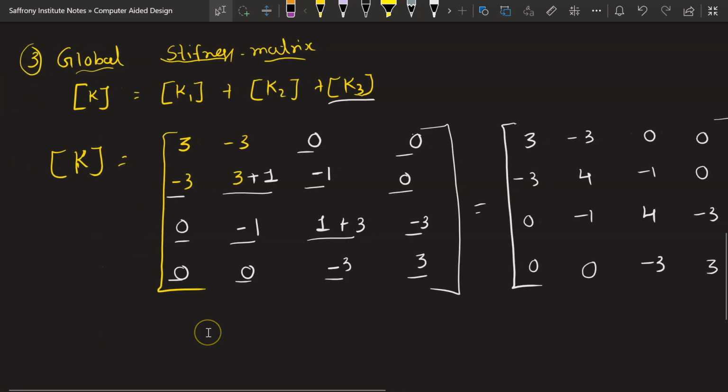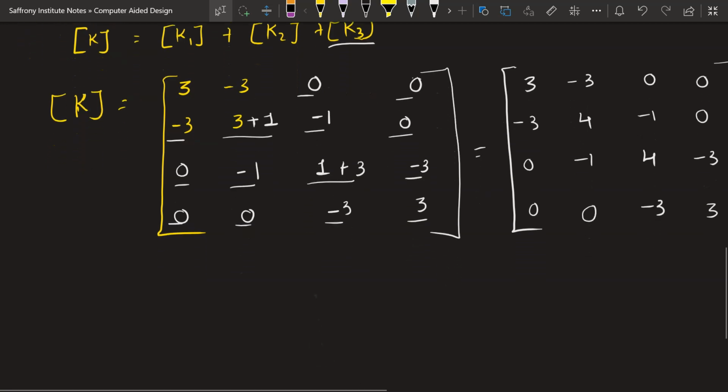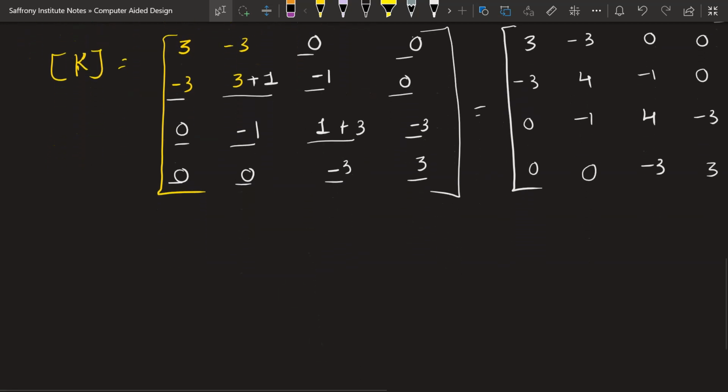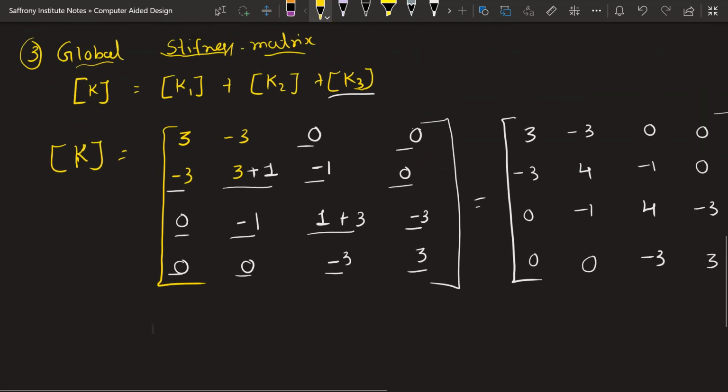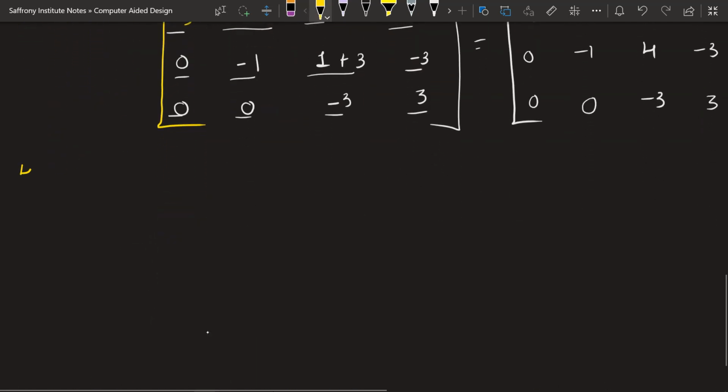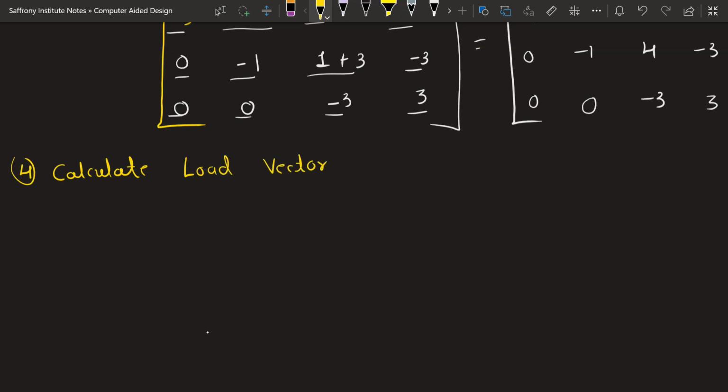Okay, so now we have figured out the global stiffness matrix. Now the next step is to calculate the load vector. So the next step will be the fourth step: calculate the load vector. Now the load vector is known as F. So what will the load vector matrix be?